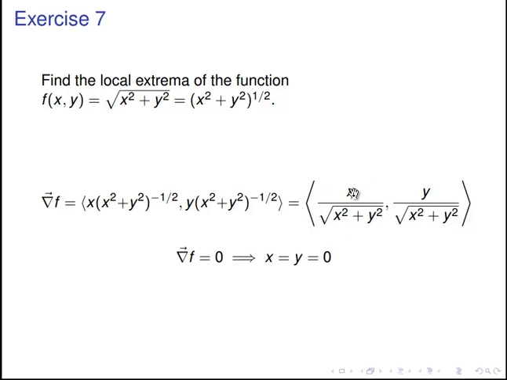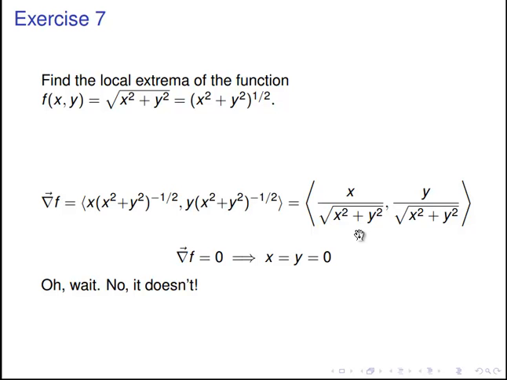So the only way that's going to happen is if x and y are going to be 0. But, oh, if x and y are both 0, we get zeros in the bottoms of these fractions. So that's bad. Yeah, not gonna work there.